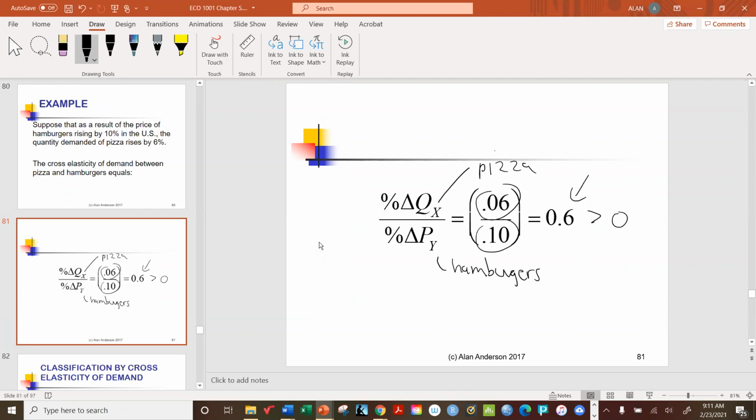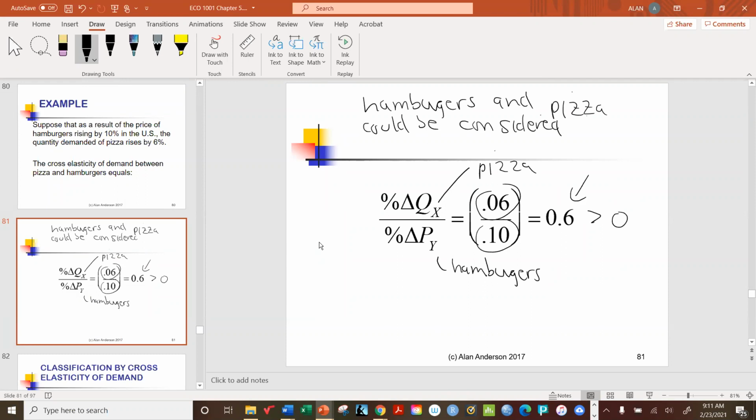Now, I think it's pretty clear that hamburgers and pizzas, even though they're clearly not the same thing, they're both potentially something you might eat for lunch, or dinner for that matter, could be considered to be substitutes.